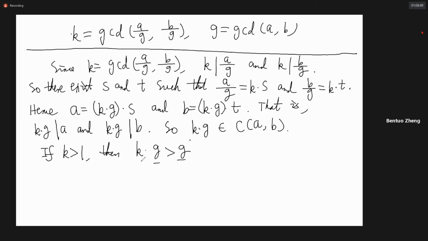So if you multiply by a number K greater than 1, K times G is greater than G. But this contradicts the maximality of G.